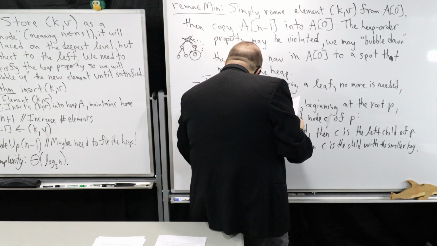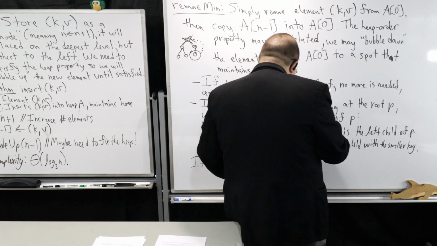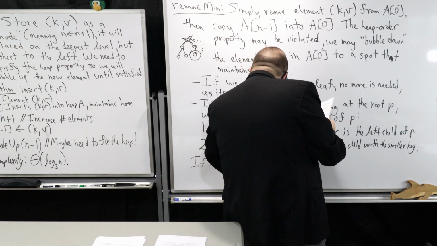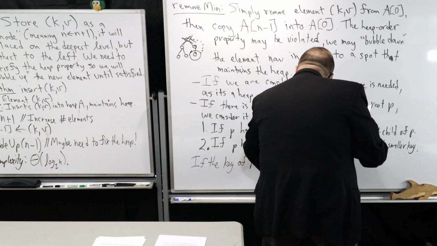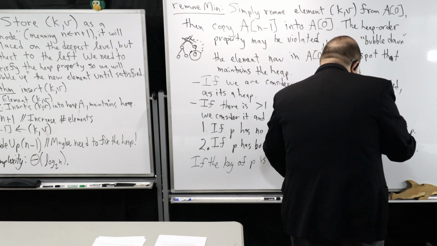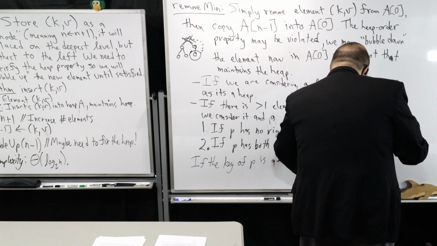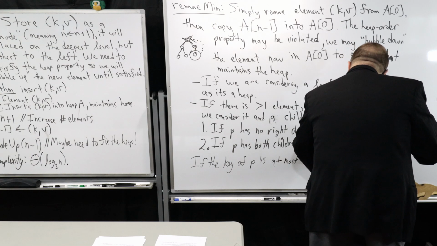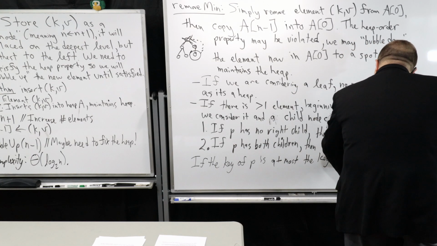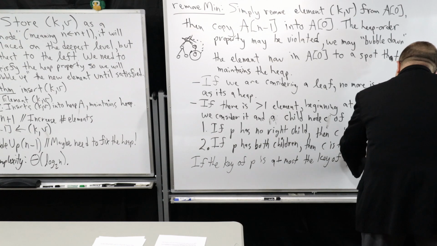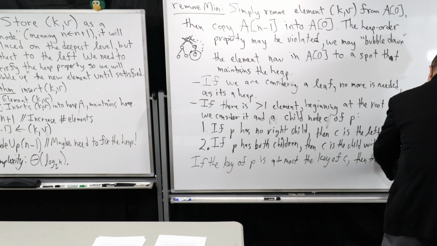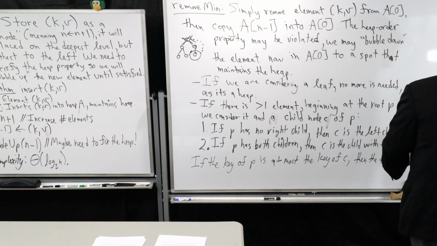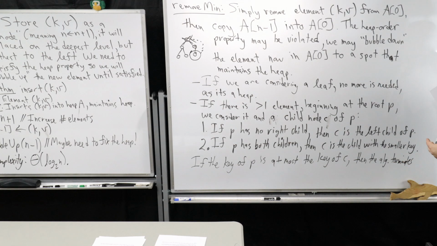If the key of P is at most the key of C, then the algorithm terminates. It means we're done, as the heap order property will be satisfied. How do you know that?